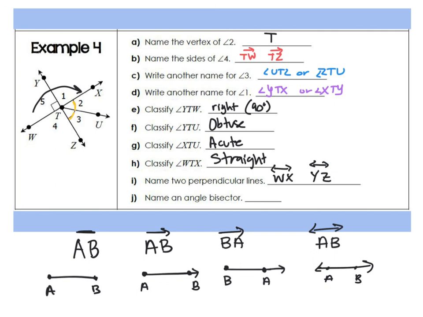Those two little marks, we'll call them arcs, let you know that they are equal in measure. So the angle bisector would be that ray that's right between them, and that would be known as TU, and the arrow goes towards the U.